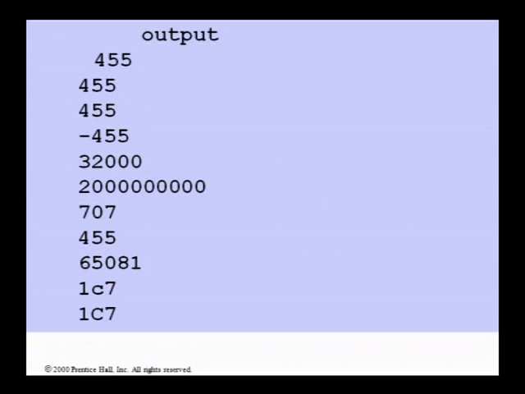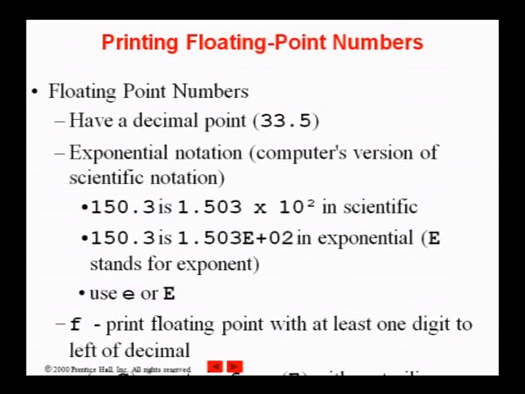Next we will be going for floating point numbers, printing floating point numbers. Floating point numbers have a decimal point; they have fractional values. In exponential notation, E format, 150.3 is 1.503 into 10 squared, which we can represent as 1.503e+02 in exponential form, where e stands for exponent.